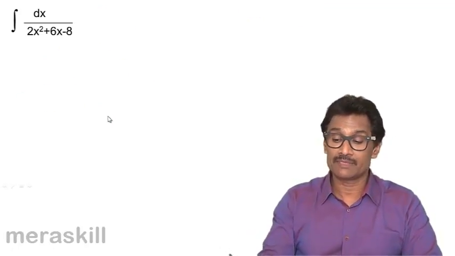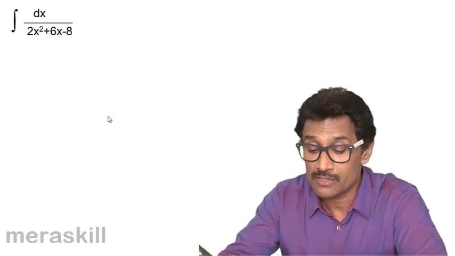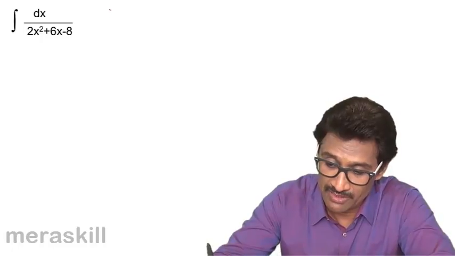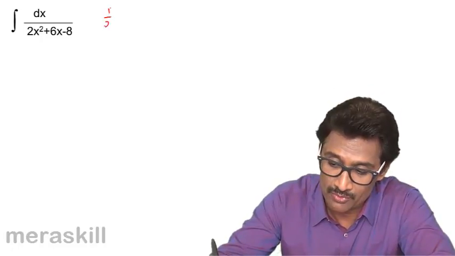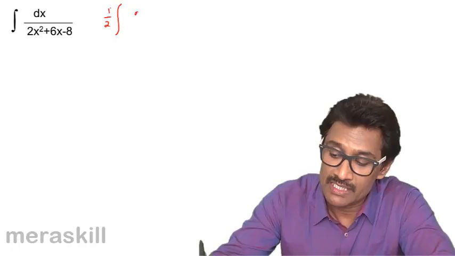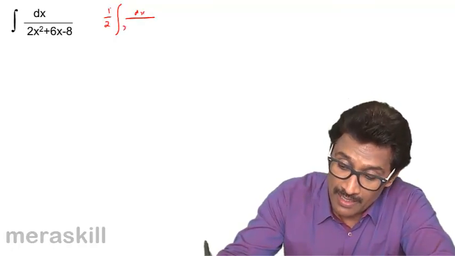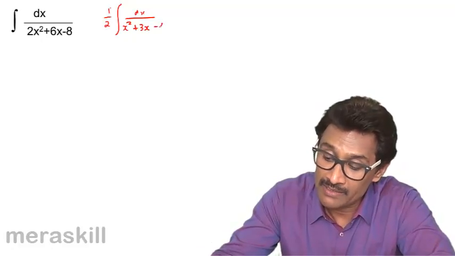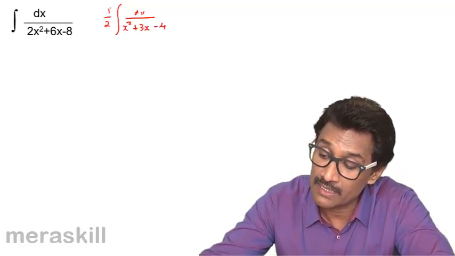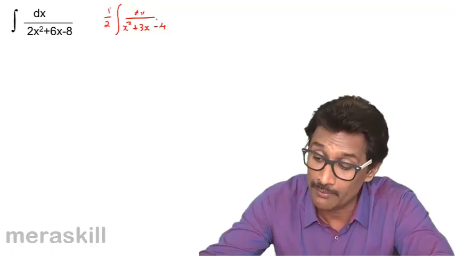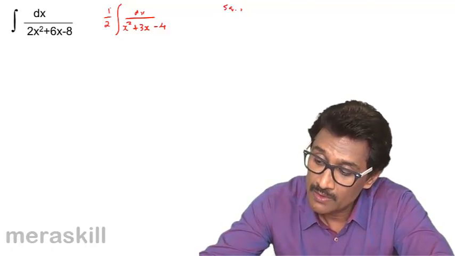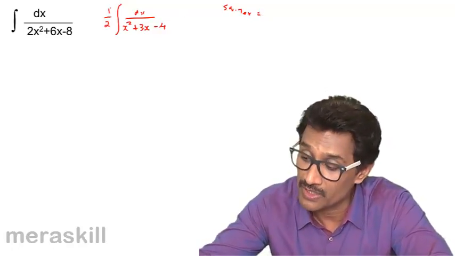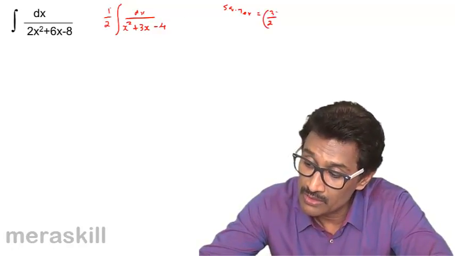Now suppose you have something like this. Now here it's not x square, so we need to take 2 common outside. So eventually you end up getting 1 by 2 into dx upon x square plus 3x minus 4. Now this is the thing: a square plus 2ab. Now the square term is nothing but half the coefficient of x, that is half of 3, 3 by 2 the whole square.